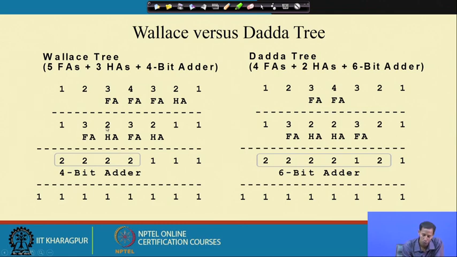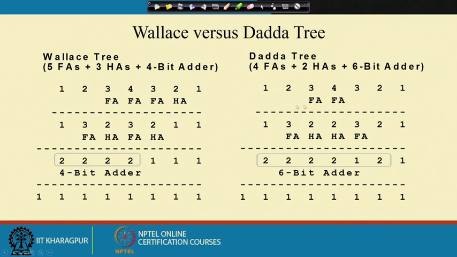Again 2 is consumed, producing 1, plus 1 from this particular carry. 3 consumed by a full adder produce 1 output, and the carry from this particular level becomes 2. Initially there was 1 and the carry from this level will affect the next stage, so that will become 2. So, 1 1 1 directly come to the products, but for these 2 I need one 4-bit carry propagate adder. Okay. So, this is the Wallace tree method.